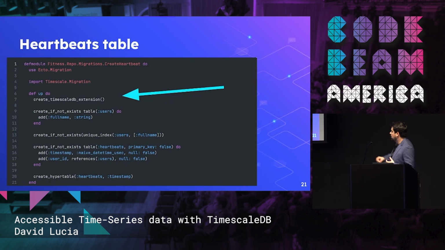And then we're going to create our heartbeats table down at the bottom. And that heartbeats table, it's going to have no primary key, but it's going to have a timestamp, and it's going to have a foreign key to the user that it belongs to. And last but not least, we're going to call create hypertable on that heartbeats table, pointing to the timestamp column as the time-oriented column on the hypertable.